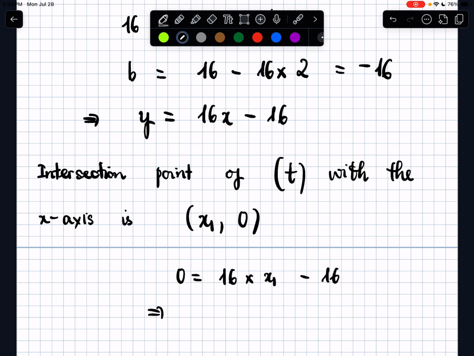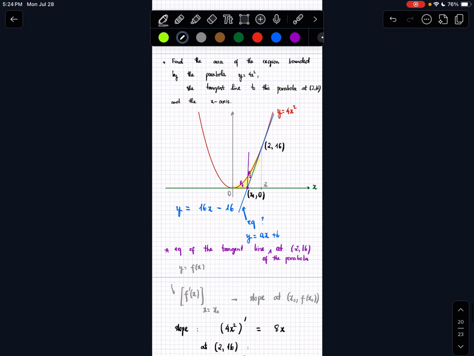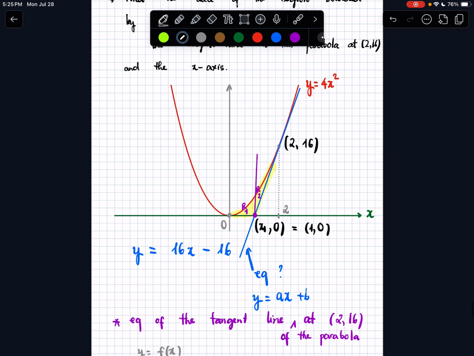This gives us x1 is 1. So we have the point (1, 0), this intersection point.